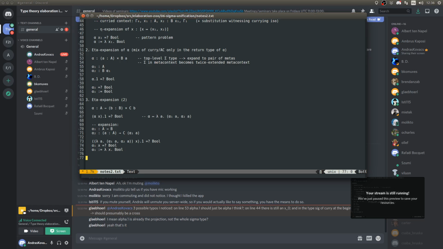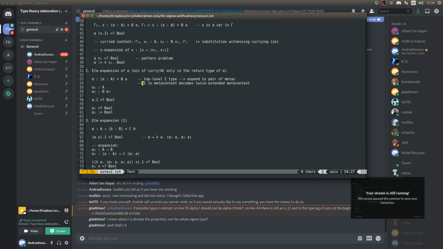So is this a special case of the axiom of choice? Yes. So here what we do is that we use axiom of choice to convert this into a sigma of functions, and then we use meta context currying to convert it into a pair of meta variables.